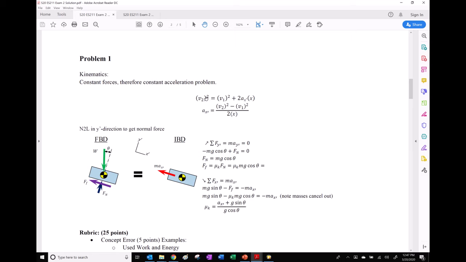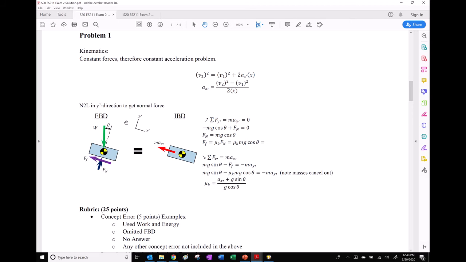The second velocity squared is equal to the initial velocity squared, plus 2 times the acceleration we're looking for times the distance traveled. That could just as easily have been delta x, or we could have called that x2 minus x1 inside that bracket. So we're able to find that acceleration.